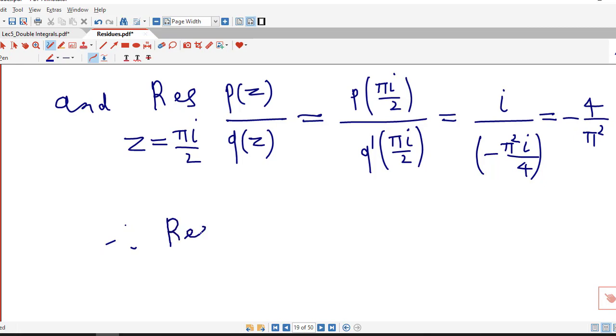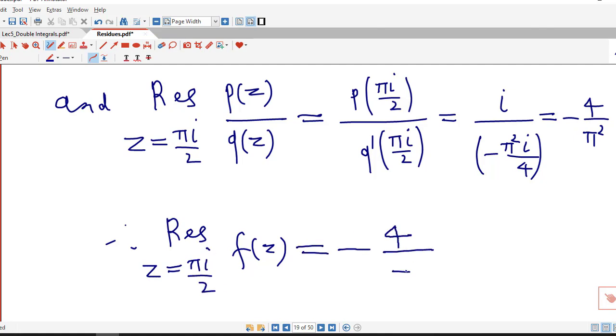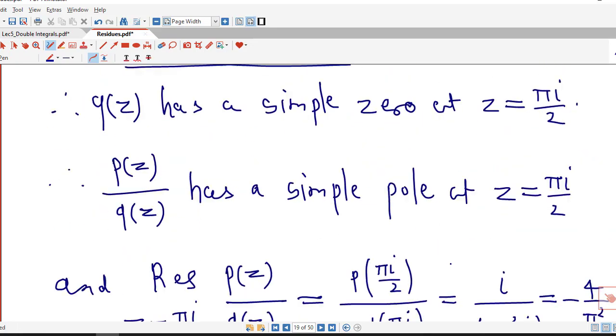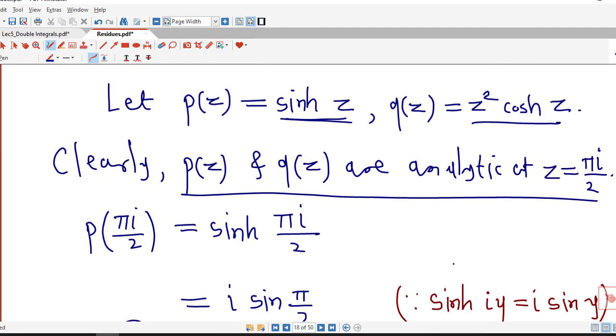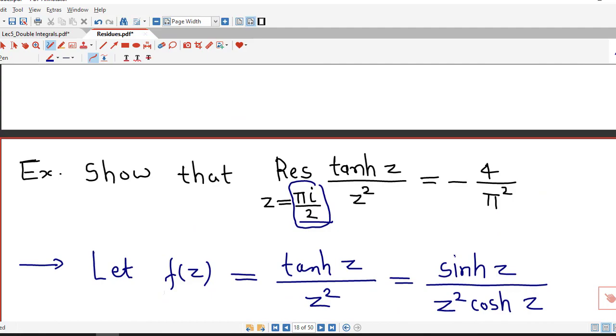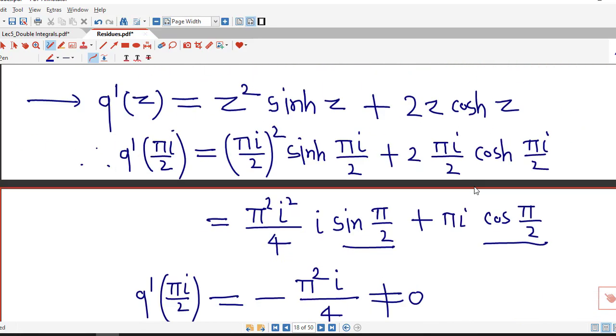So therefore p(z) upon q(z), that is f(z) at z equal to pi i by 2, equals minus 4 by pi square, and f(z) is nothing but tan hyperbolic z over z square.